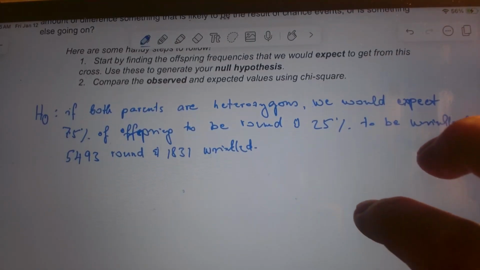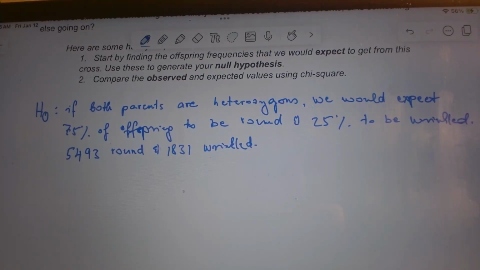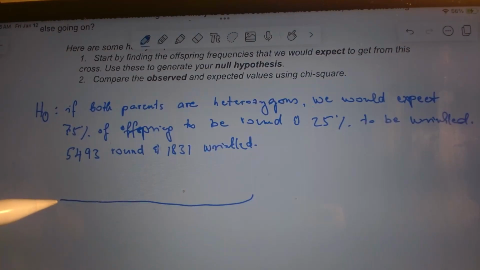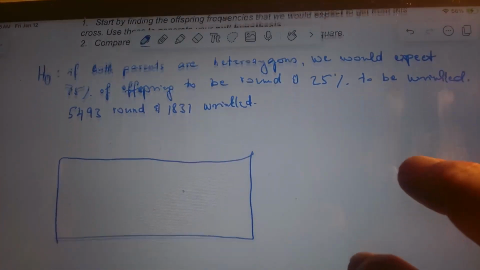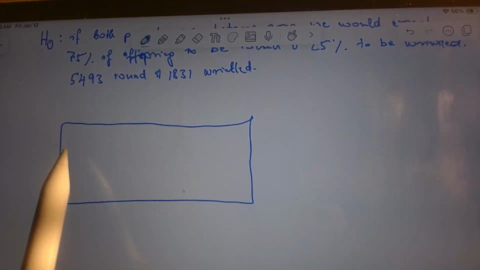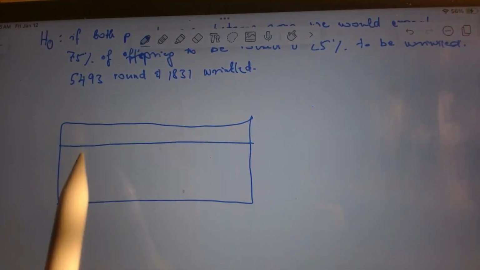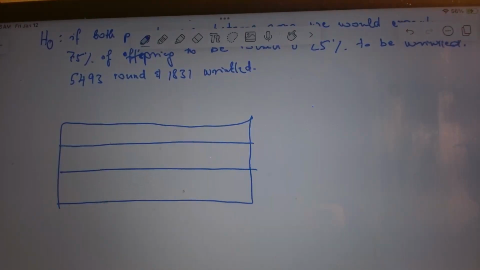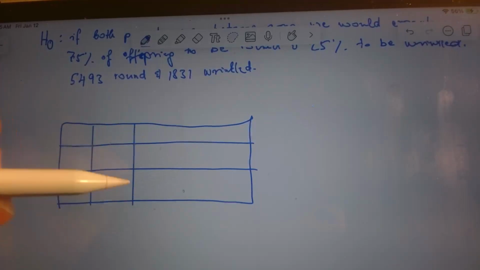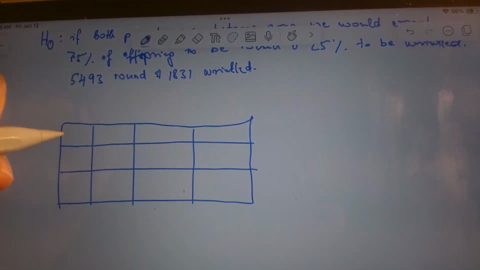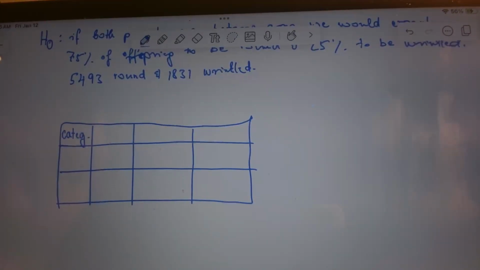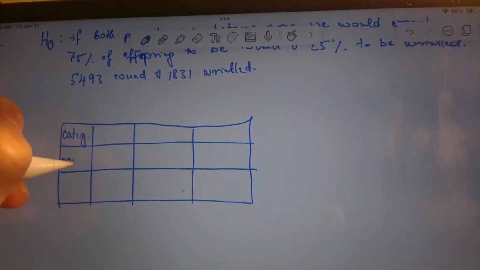Okay, so let's do the chi-square test. So we make a table. This will be the category. This will be the round category.